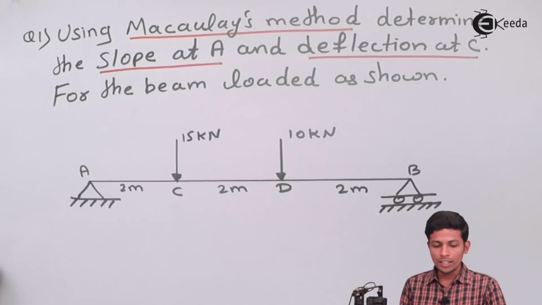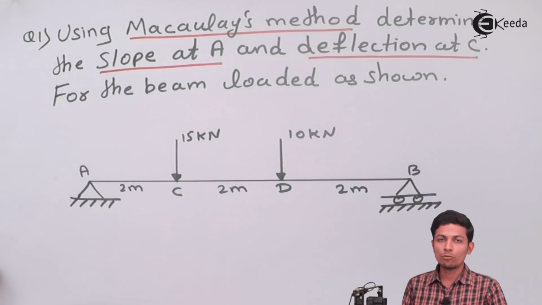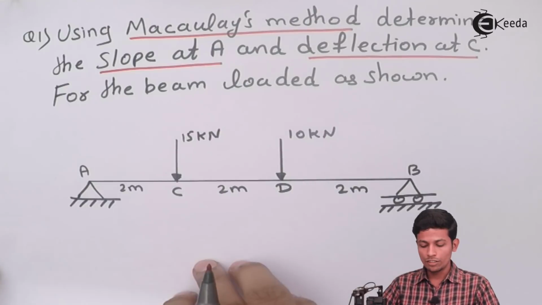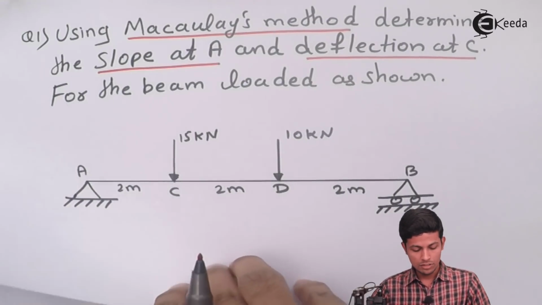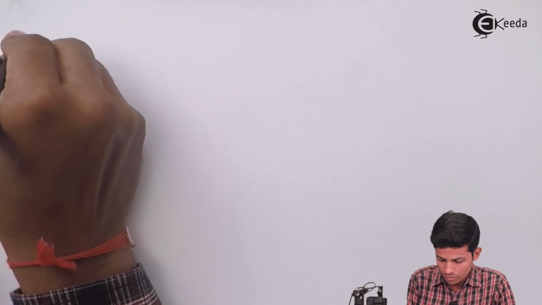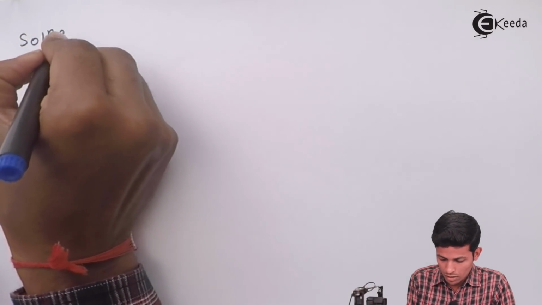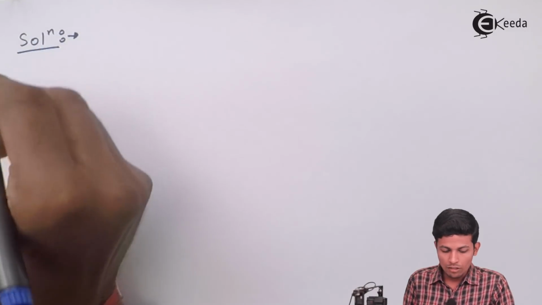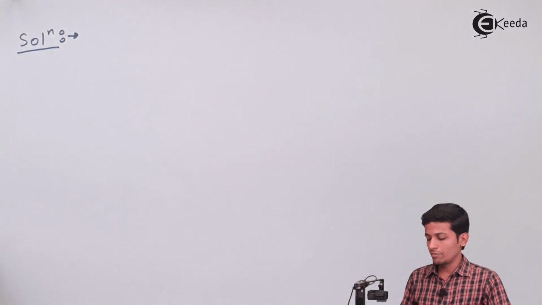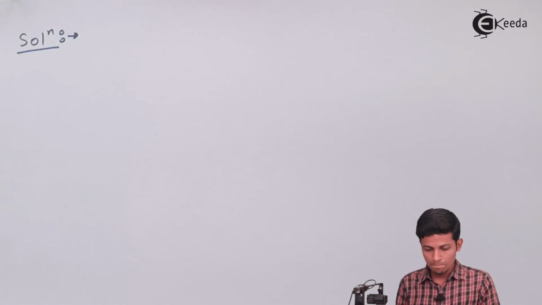Now in that we have to follow certain steps. What are the steps? Let's see. Start with the solution. First, draw the diagram as it is.